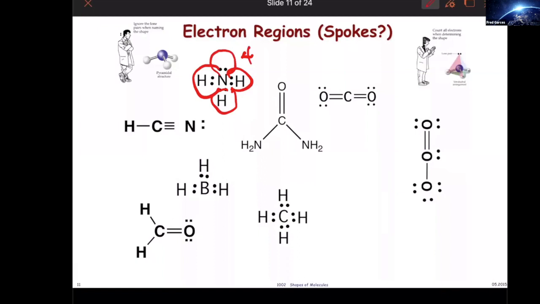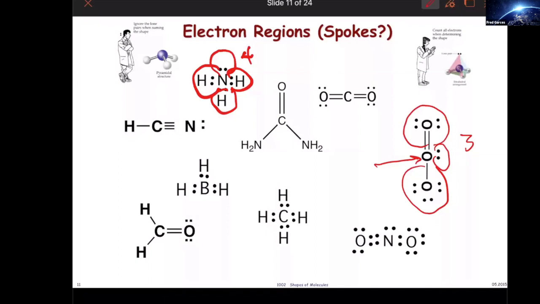This is ozone, this chemical right here. If we count the number of domains, and hopefully you guys are already ahead of me, that's 1, 2, 3. That's 3 domains around the central oxygen atom. Okay, and then this is nitrogen dioxide. Again, you can see there are 1, 2, 3 domains on that NO2 chemical.